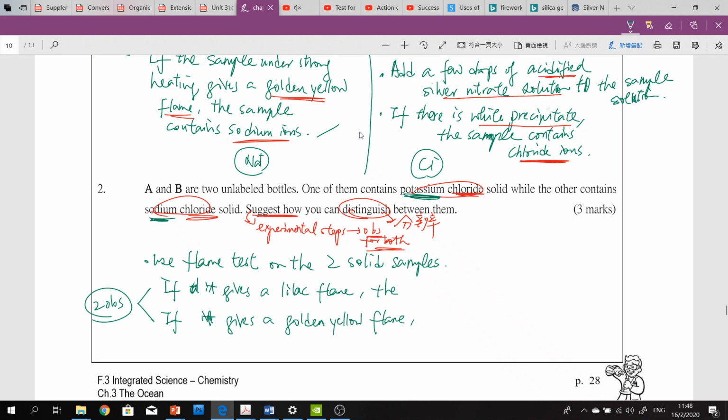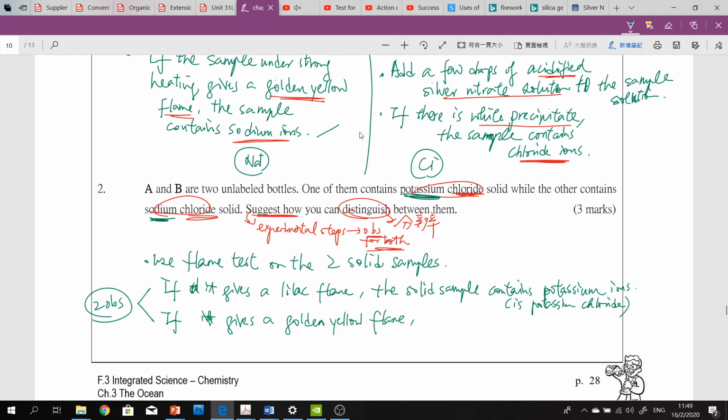You may find that the conclusion is different, right? The first one, lilac flame, the sample contains potassium. Okay, the sample is potassium. So you may find the conclusion is that if the sample gives a lilac flame, the solid sample is potassium chloride.